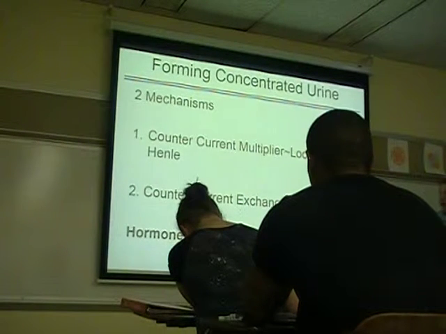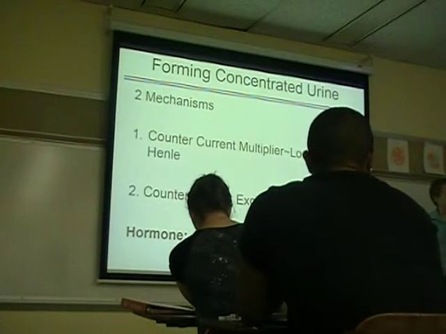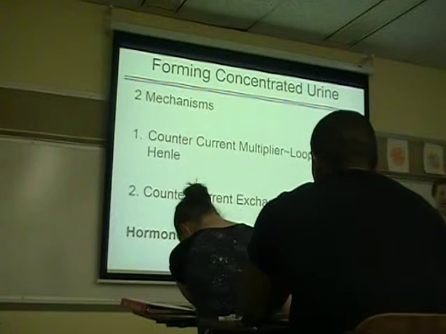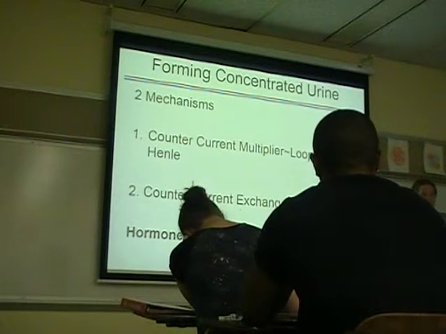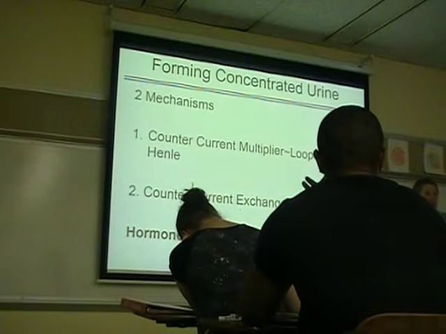Countercurrent multiplier, okay? And we also now know that we have the blood vessels that surround our long loops of Henle within the vasa recta. They're the countercurrent exchangers, and we have an idea already that they're going to be exchanging our solutes and solution, okay?